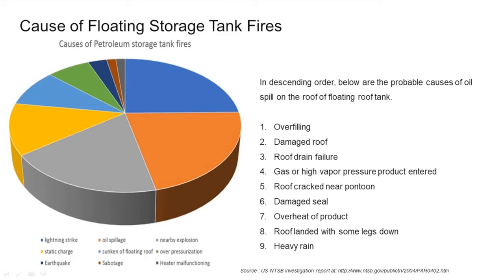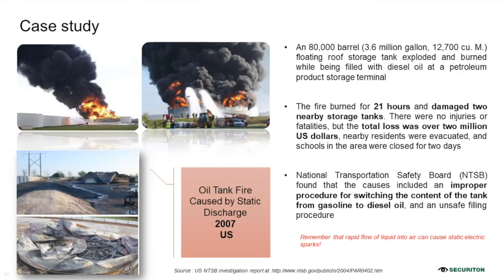To understand further, I'm going to show you one of the incidents which happened in 2007. I took it from the same research paper, the NTSB investigation. Here, as you can see, this is a real fire. It involved about 80,000 barrels of crude oil, diesel oil, at a petroleum storage terminal.